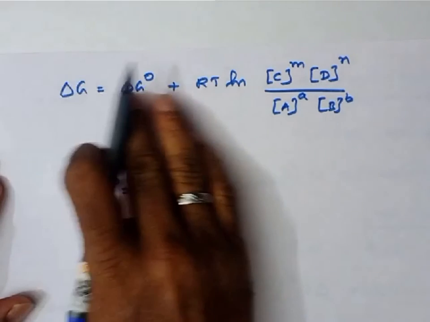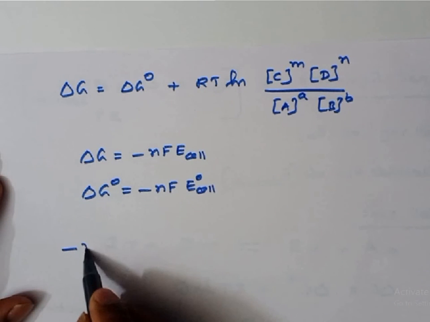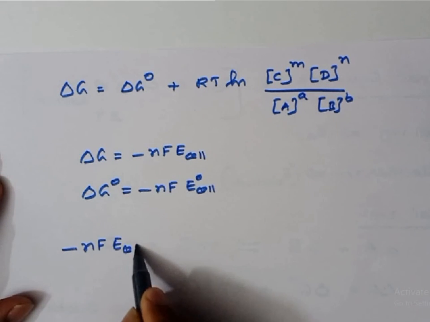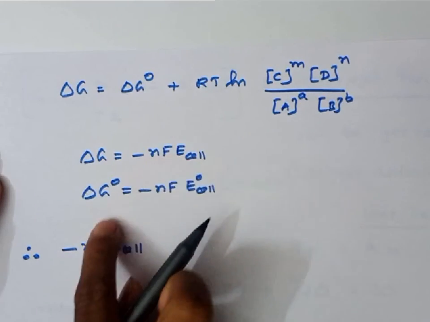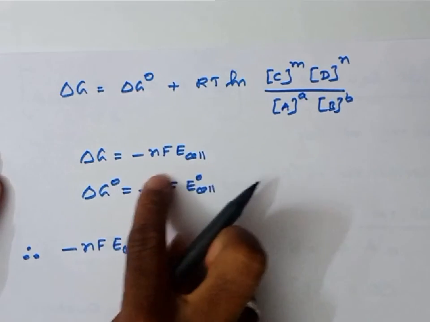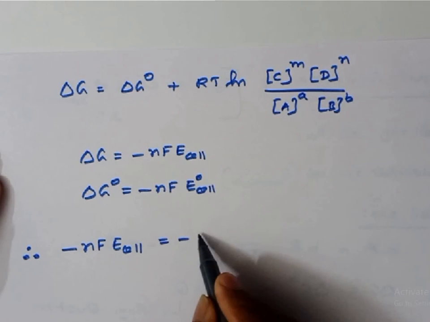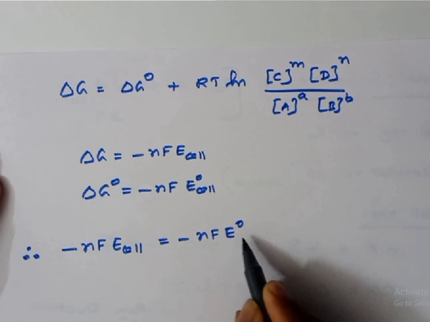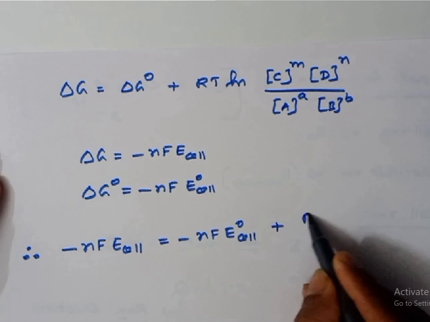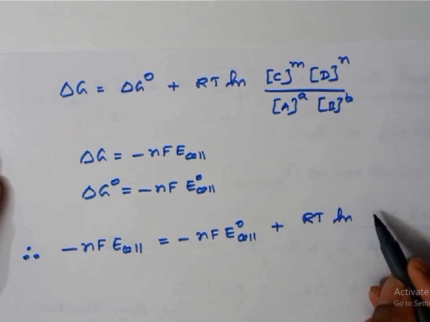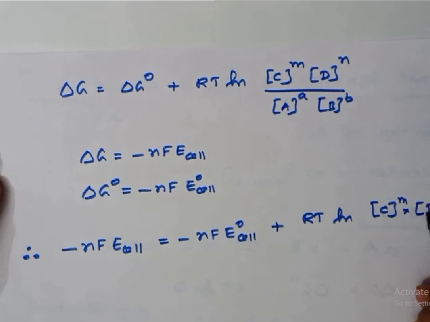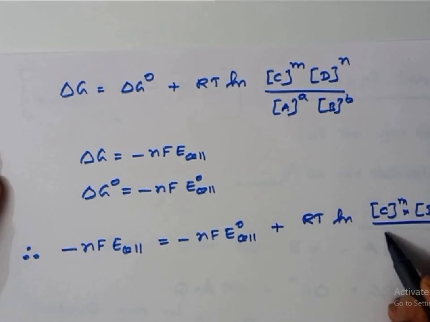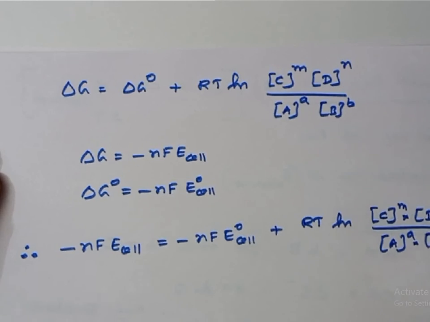So if I substitute these here, I'll get minus NF into E cell equals minus NF into E naught cell plus RT ln this ratio, C power m into D power n over A power A into B power B.